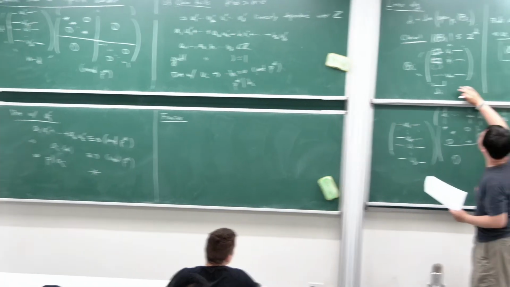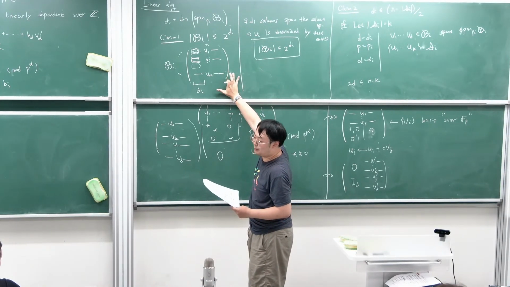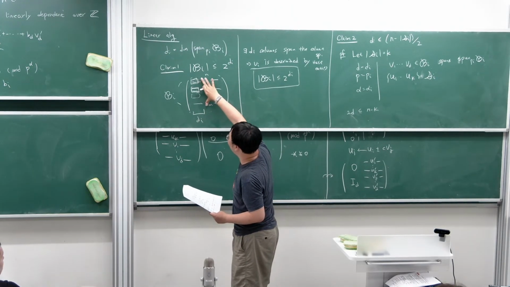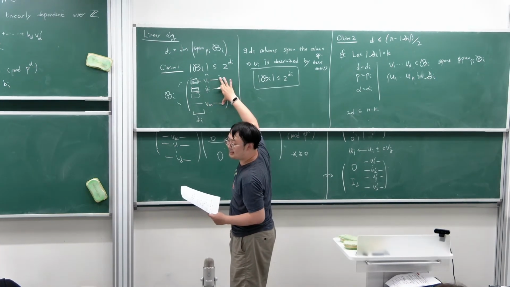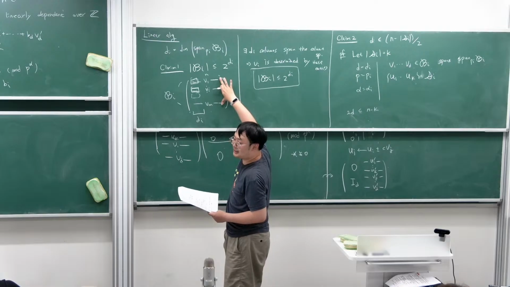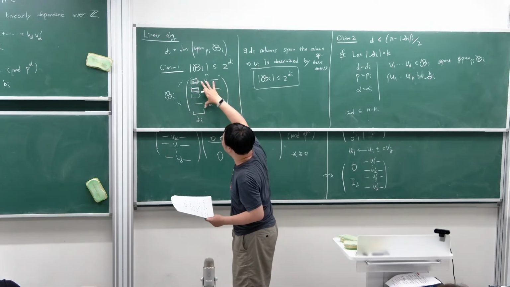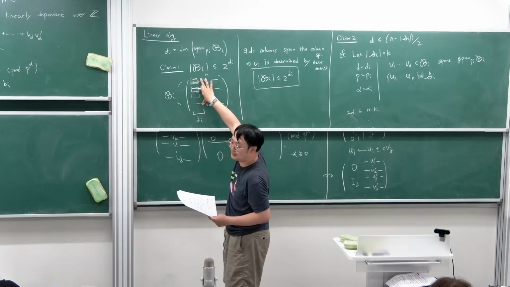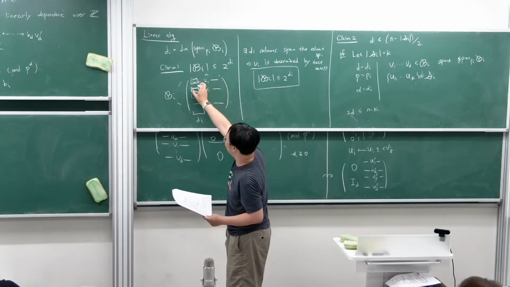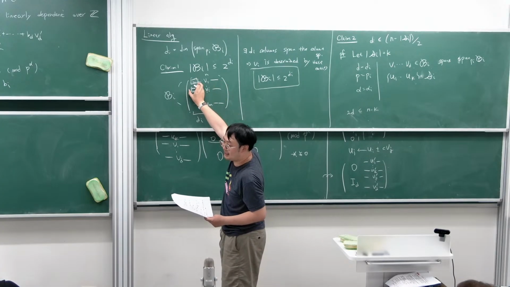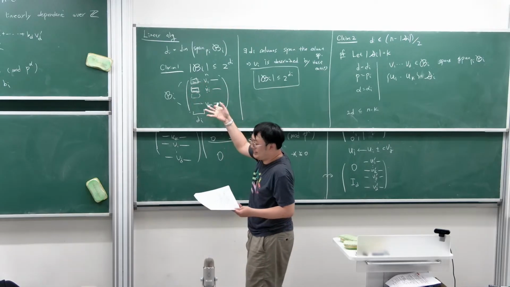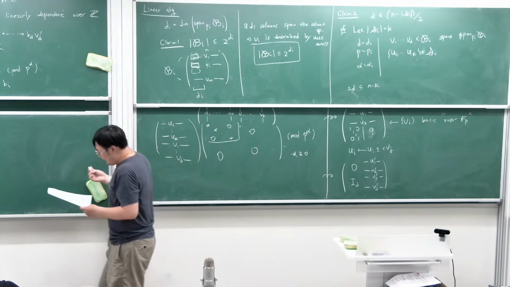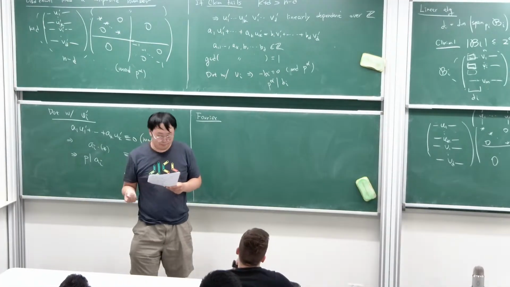I'm going to tell you an improvement of claim 1, because in claim 1 I'm not really using any information about these blocks being 0, 1 vectors. I just care that these column vectors are spanned by the first d columns, or these entries are determined by the first d entries, but I didn't use that they are 0, 1 vectors. So with that we can indeed get some tiny improvement.